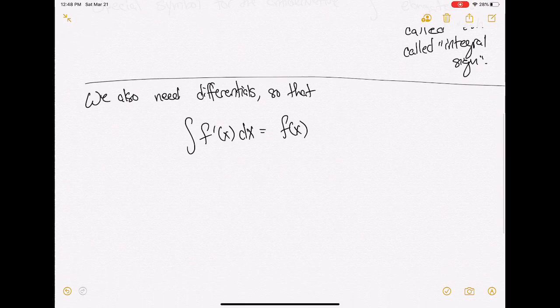So this dx, d of some variable, needs to be the same variable that's in the function.